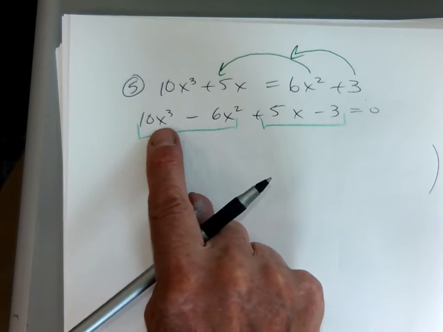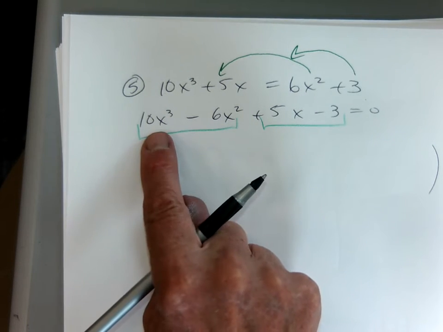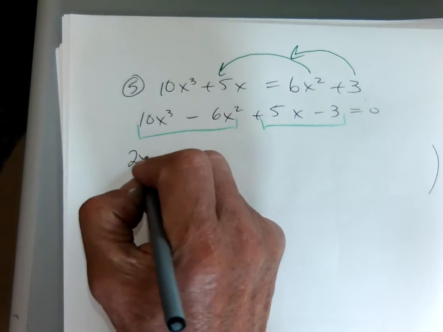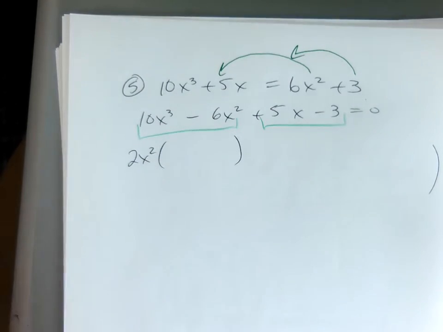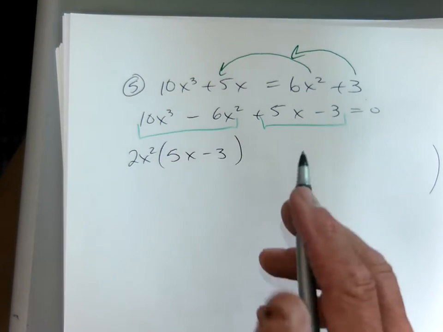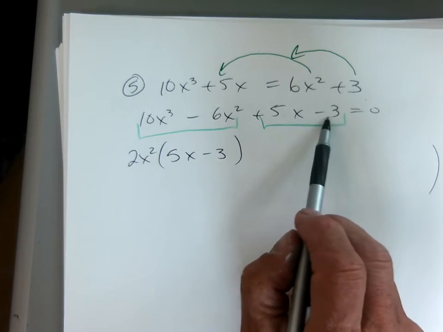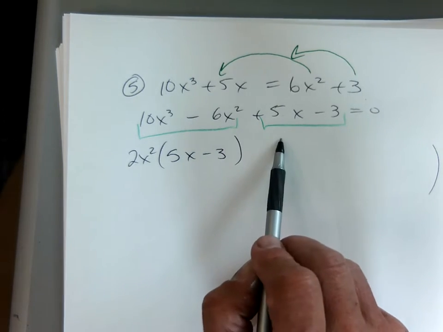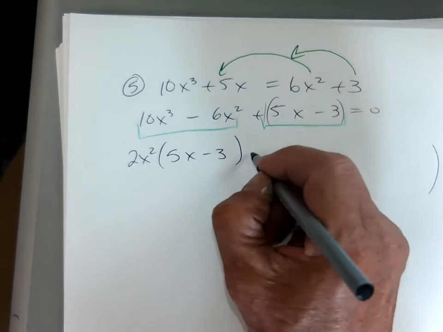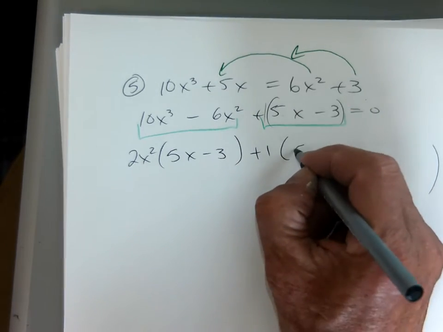These two have a common multiple of 2x squared. If I factor out a 2x squared, I'm going to have a 5x minus 3, which is what I have here, but I have to be careful, okay? I need something here. Exactly. See, there's an invisible 1 here, right? So I go plus 1 of 5x minus 3.